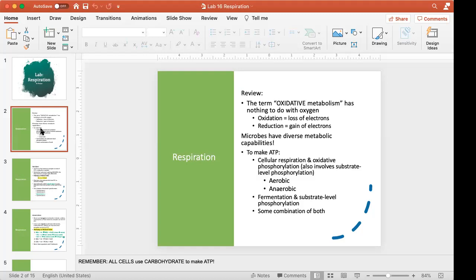When we talk about oxidative metabolism, remember the word oxidative has nothing to do with oxygen. Instead, it refers to oxidation reduction reactions. Remember, there's a whole group of chemical reactions that are referred to as oxidation reduction reactions.